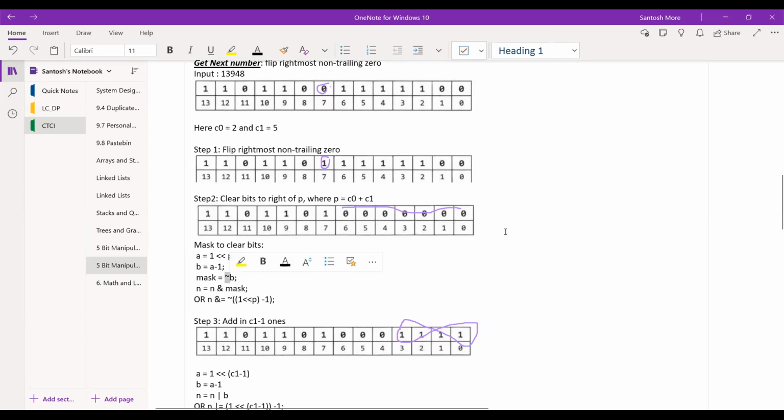So in this case, if we do 7, so we have 1, 2, 3, 4, 5, 6, 7 bits, right? So we have almost 7 bits, and then what we are doing is we are masking all of them, right? And then when we mask them, we OR it with -1 here. Okay, so if we take 7, so let us do that. So 0, 1, 2, 3, 4, and then we have 1, 2, 3, 4, right?